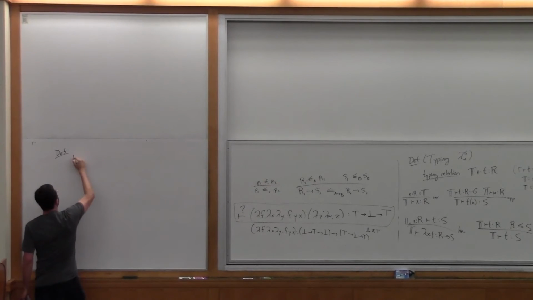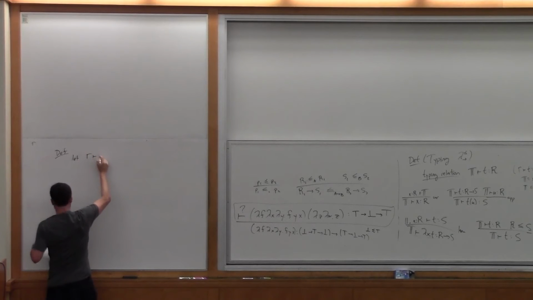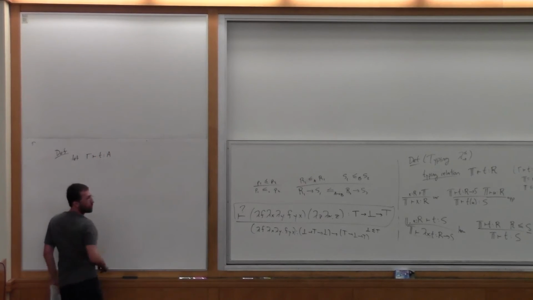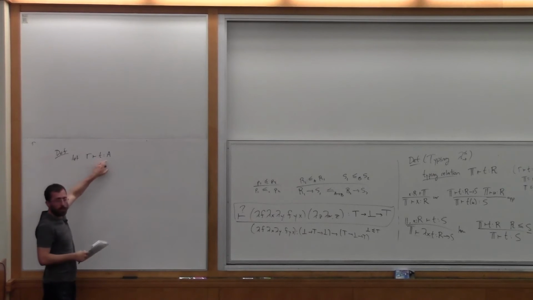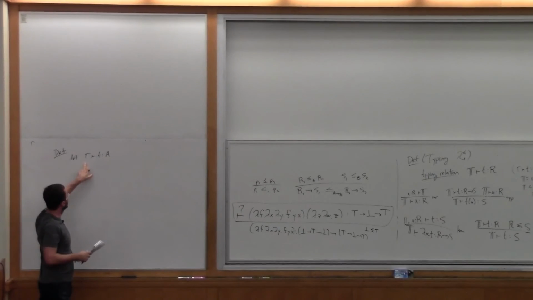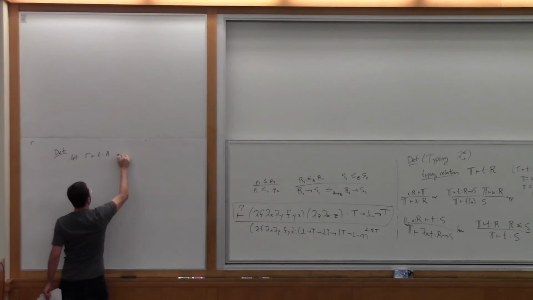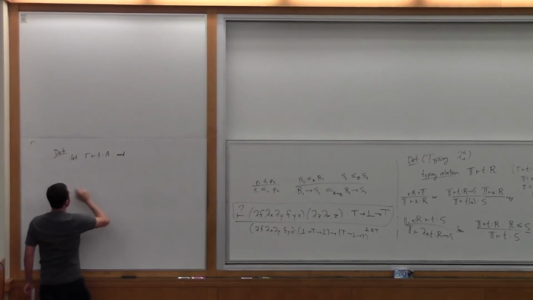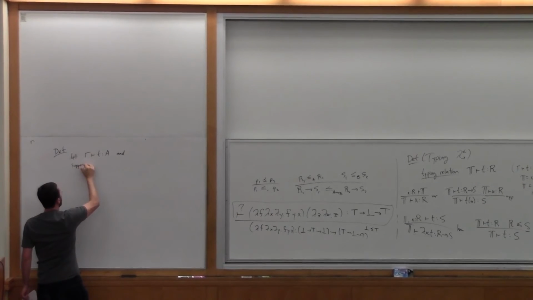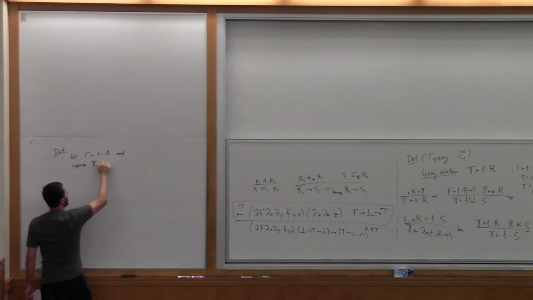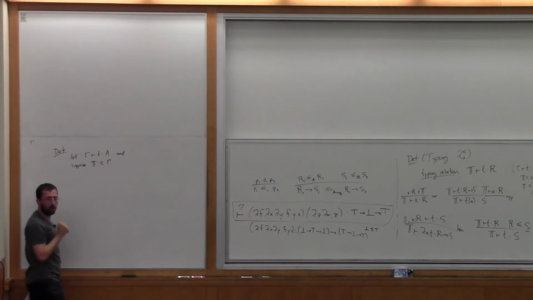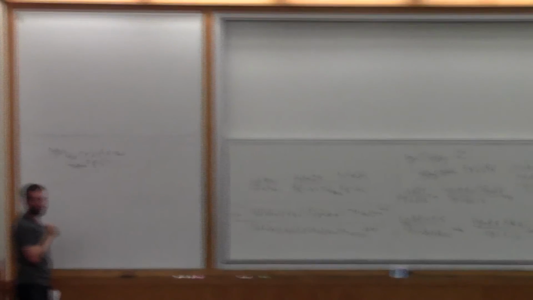Suppose that you have a term T. It has some underlying type A and a context gamma. Now suppose that you have a refinement of the context, so you specify types for the variables.